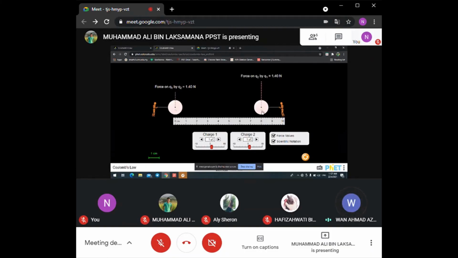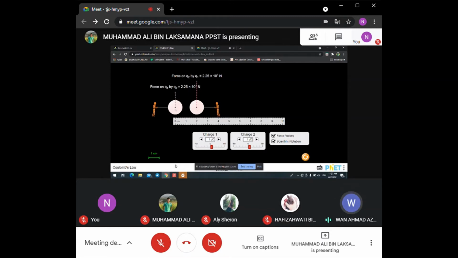Next, when the separation between charge 1 and charge 2 is 6 centimeter, the force will be 2.5 newton. And when the separation is 4 centimeter, the force will be 5.62 newton. And the last one, when the separation is 2 centimeter, the force will be 225 newton.